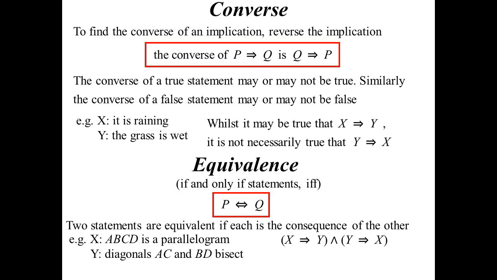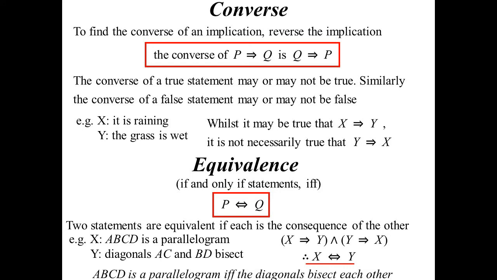But if it's a parallelogram, we know the diagonals bisect each other. So it reads both ways. So X is equivalent to Y. They are equivalent statements. So the way we wrote it in geometry is something like that. ABCD is a parallelogram if and only if the diagonals bisect each other. So it reads both ways.